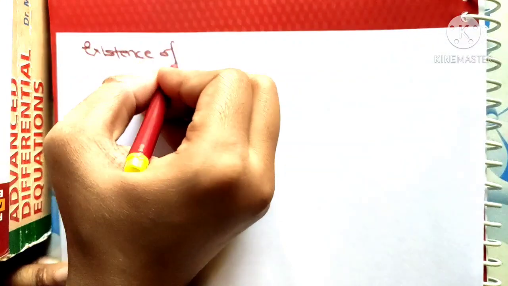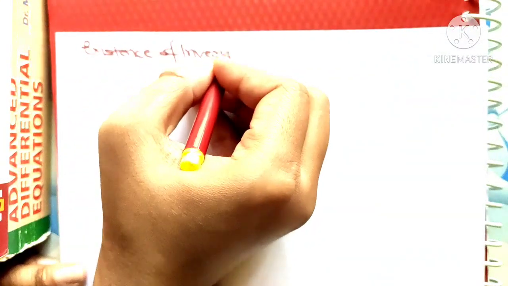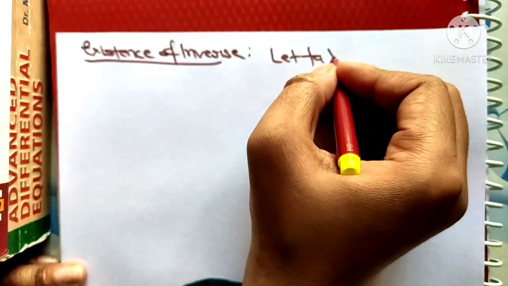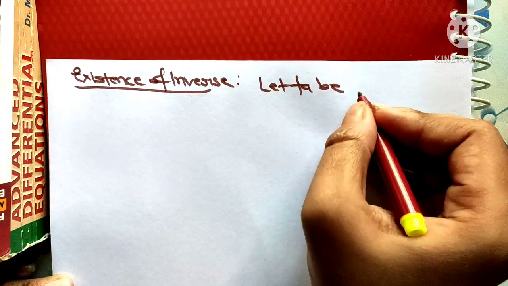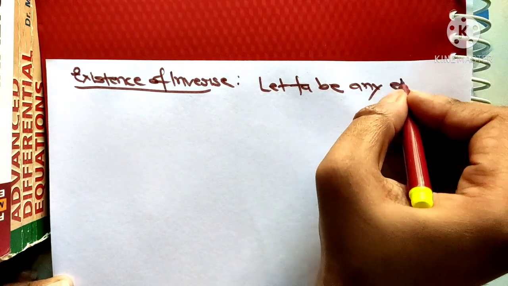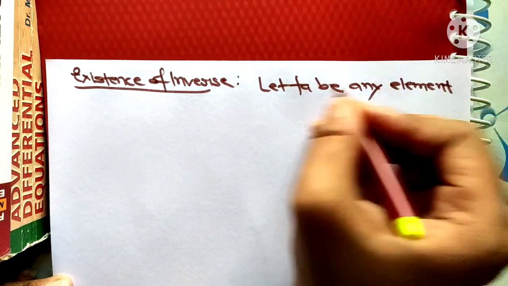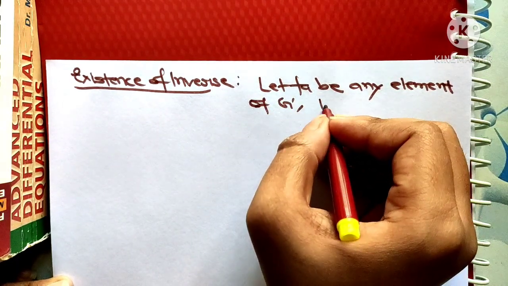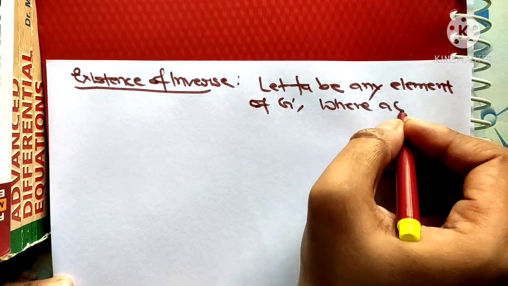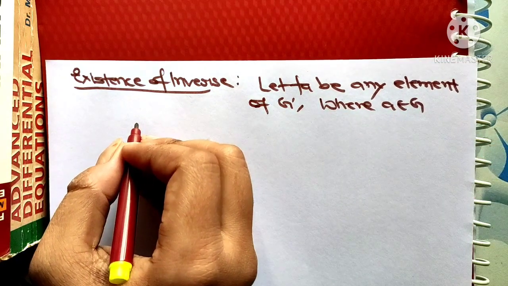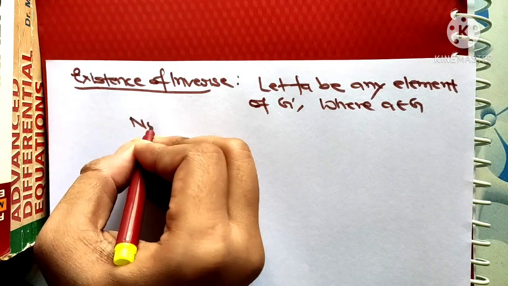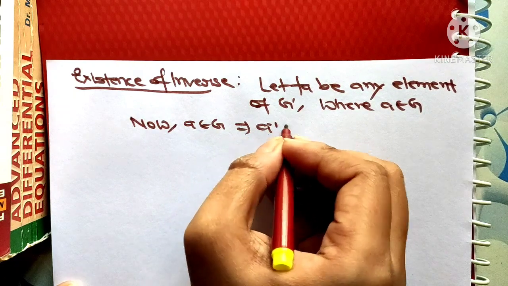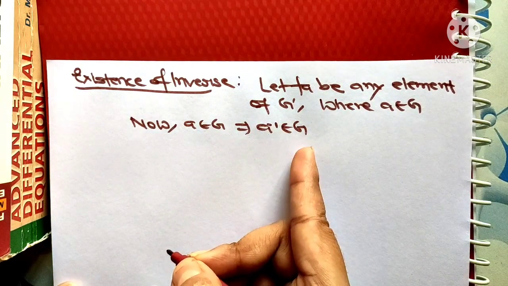Existence of inverse. Let f of A be any element of G dash, where A belongs to G. Now A belongs to G, which implies A inverse also belongs to capital G, because we know that G is a group.